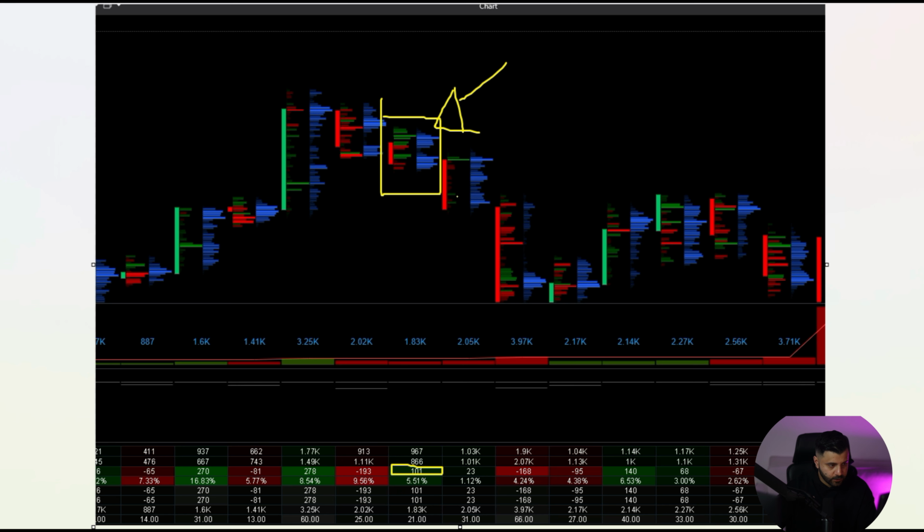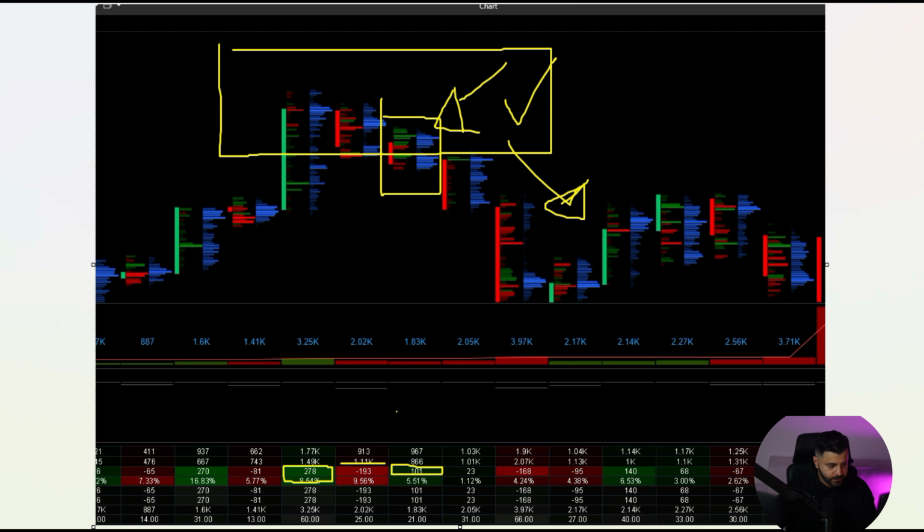This again gives me confirmation that this is a possible trend reversal, and we can take this market short. And you can see subsequently the market moves down quite heavily. All right, so you can also see that from the delta, coming into it we had 278, but as soon as we hit this key level here, you can see a shift in the market between buyers and sellers.